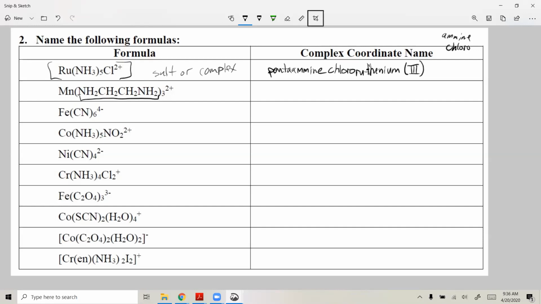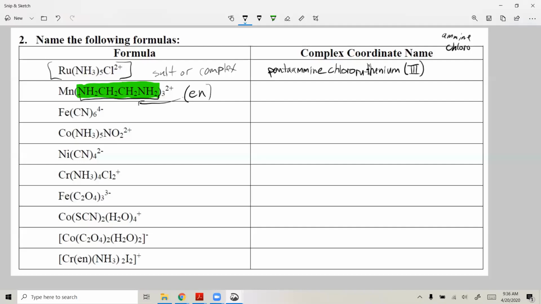What is the name of this middle section here, this part of the NH2, CH2, CH2, NH2? Does it have something to do with ethane? It's going to be with ethylene, right? And so this one is ethylene diamine. So this is our en.